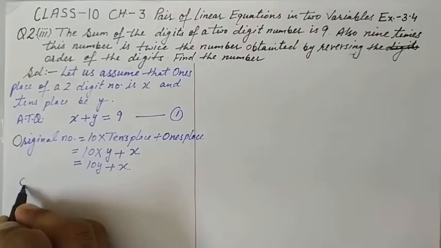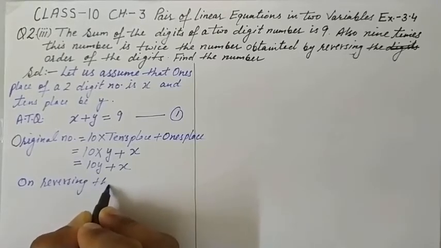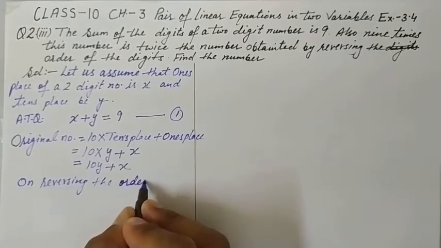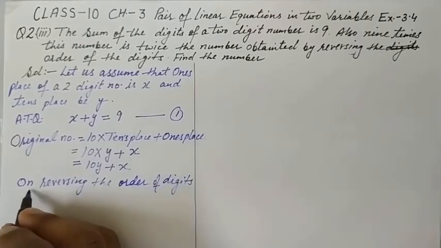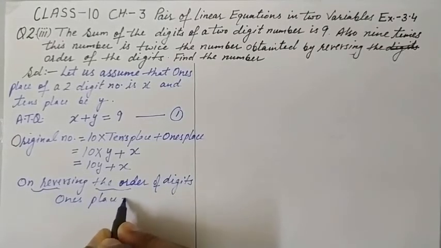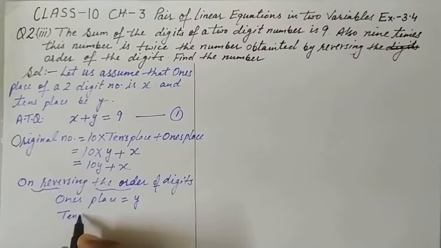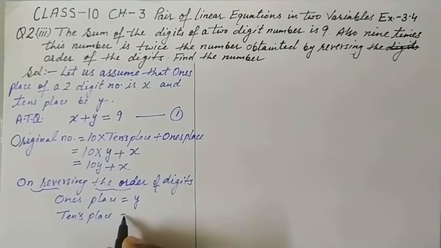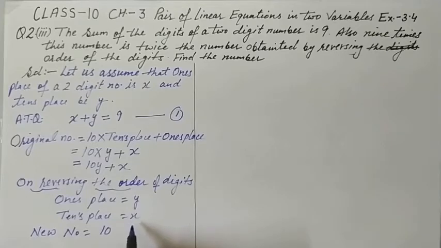On reversing the order of the digits, the ones place will be y and the tens place will be x. So the new number is 10 into tens place, that is x now, plus ones place, which is y. This is our new number.